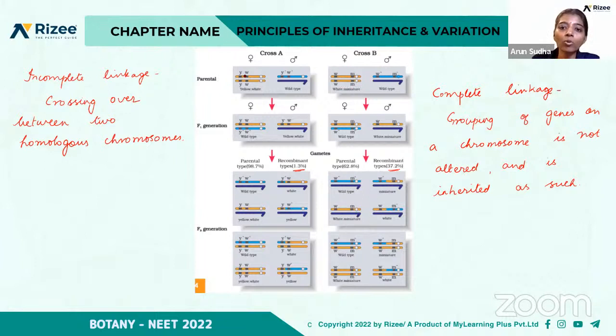So when they are close together, they will be inherited together. So they are called linked genes. So grouping of genes on the chromosome is not altered and they are inherited as it is from generation to generation.